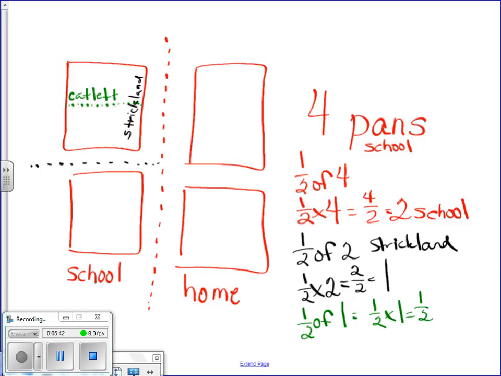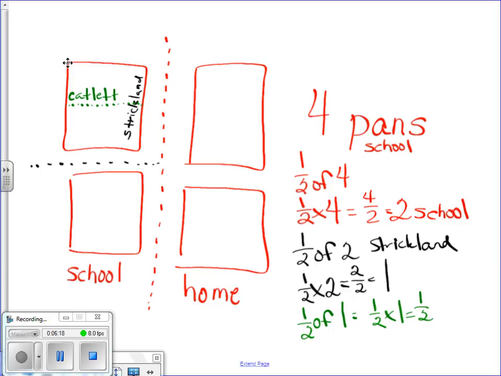Right, 1/2 of 1 is just 1/2. 1/2 went to Miss Catlett, because 1 times 1 and then 2 times 1. But we're not worried about that. We're just splitting up this one.